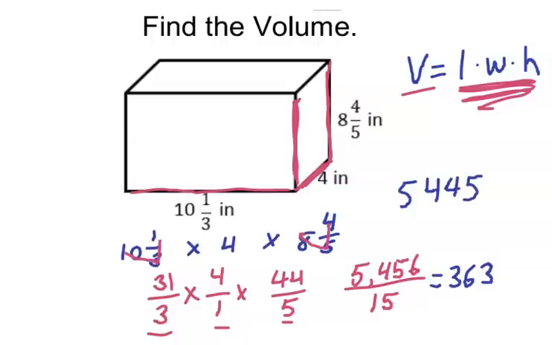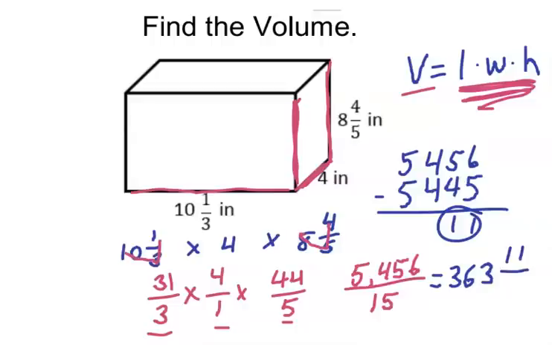So what's the difference between 5,445 and 5,456? Well, let's subtract it. 6 minus 5 is 1, 5 minus 4 is 1, and the rest is zeros. So the difference is 11. So there's 11 left over out of 15.